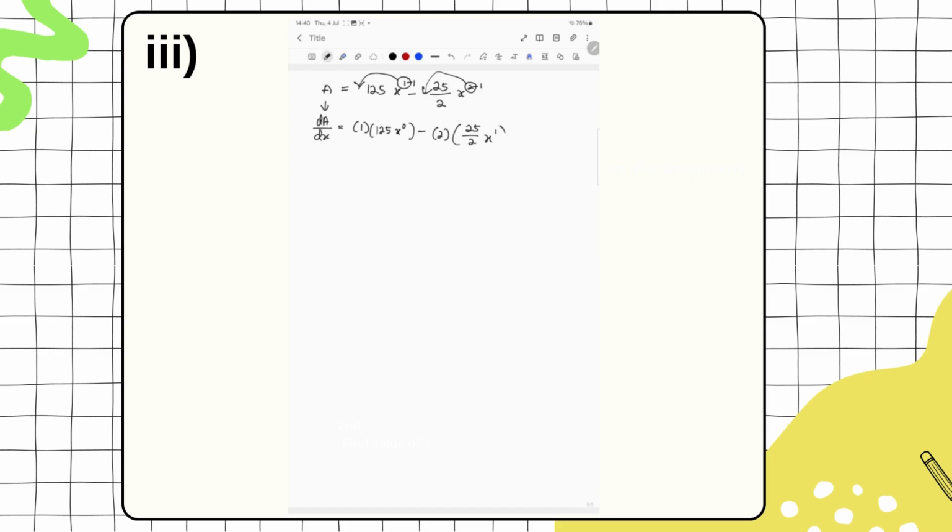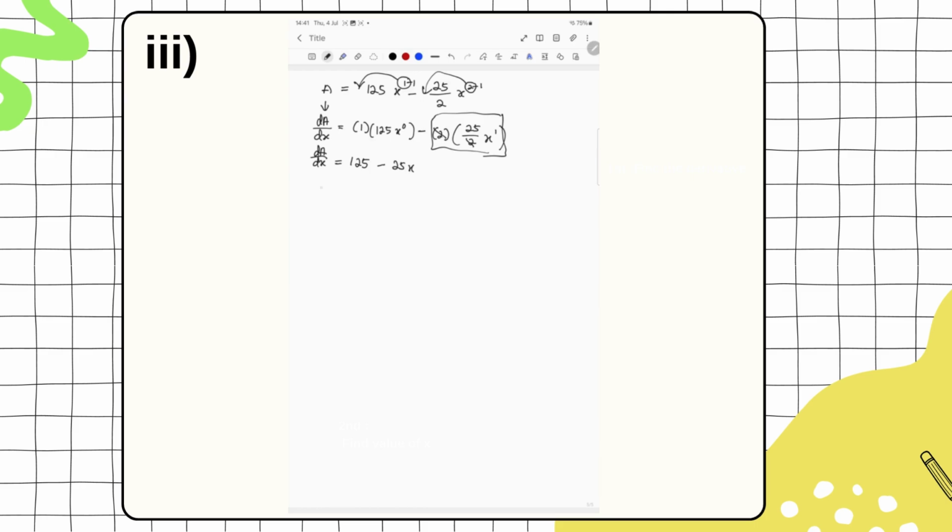So it is optional to write 1 or not. Therefore, we calculate this equation. Anything that is multiplied with 1, we will get the same answer, and anything that has a power of 0 is 1. Therefore, we got 125, and for this part, we can simplify it into 25x. Therefore, we got our dA over dx.